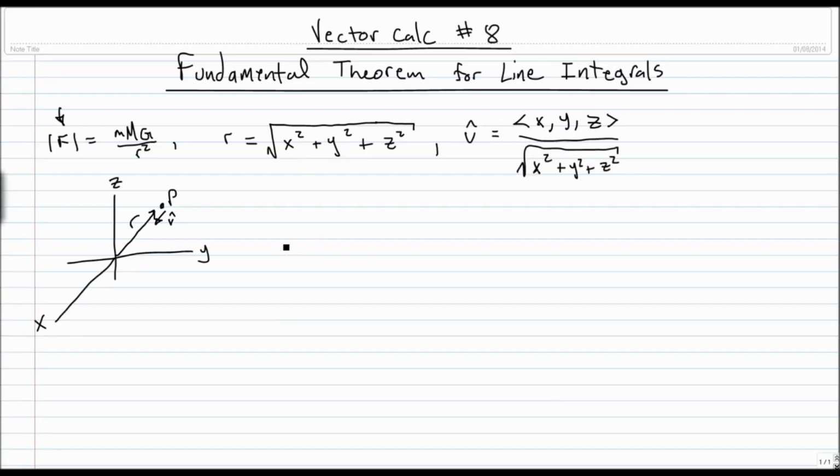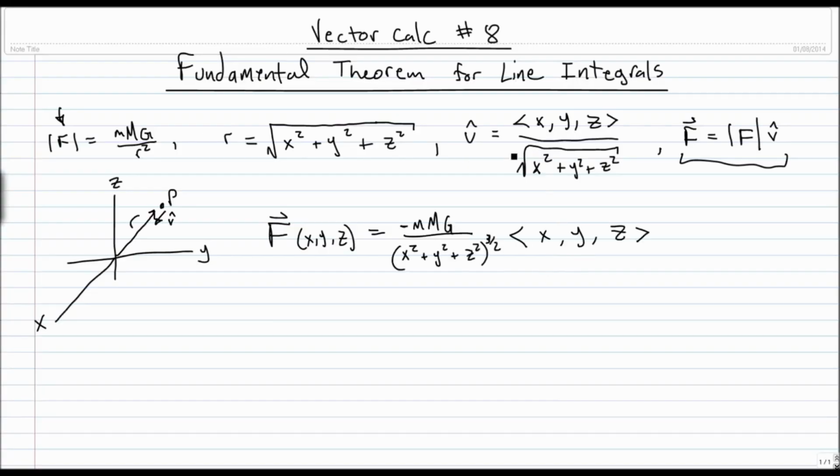Okay? So if we were to plug all this stuff in, then we would have the equation of a vector field. Well, first let me say that this vector field is going to be the magnitude of F times that unit vector. So here's the magnitude, there's the direction. So when I plug all that stuff into this, I get this vector field.